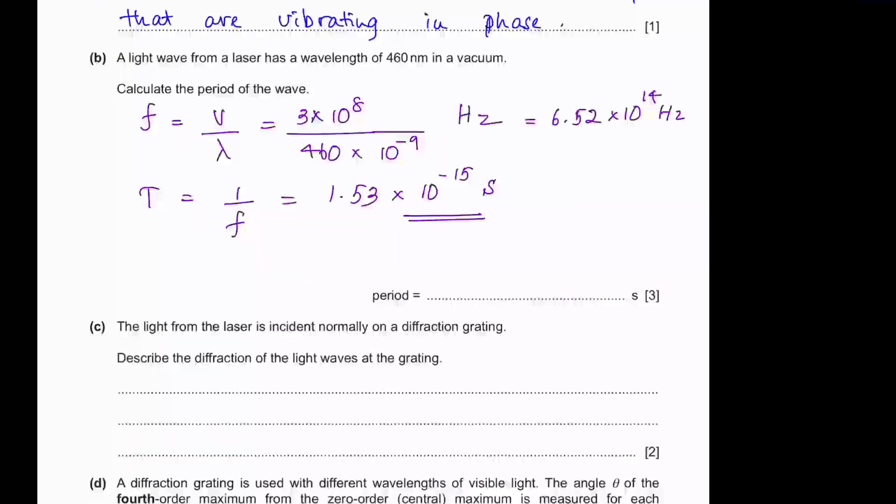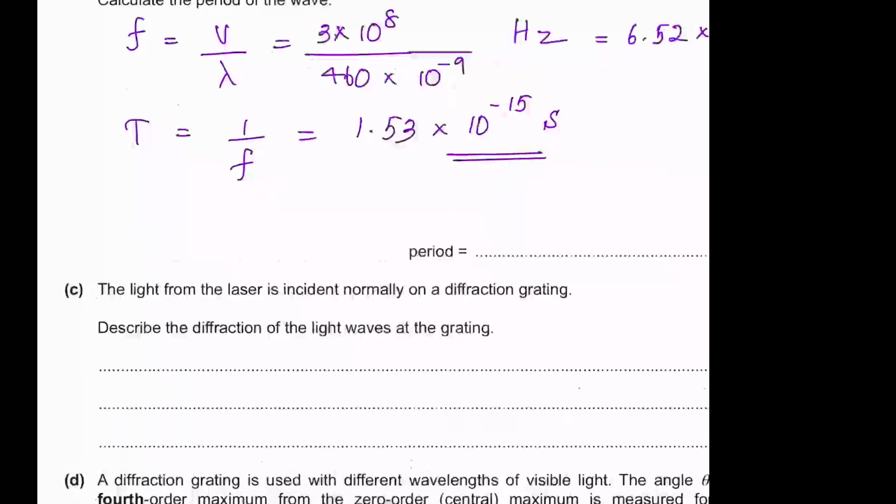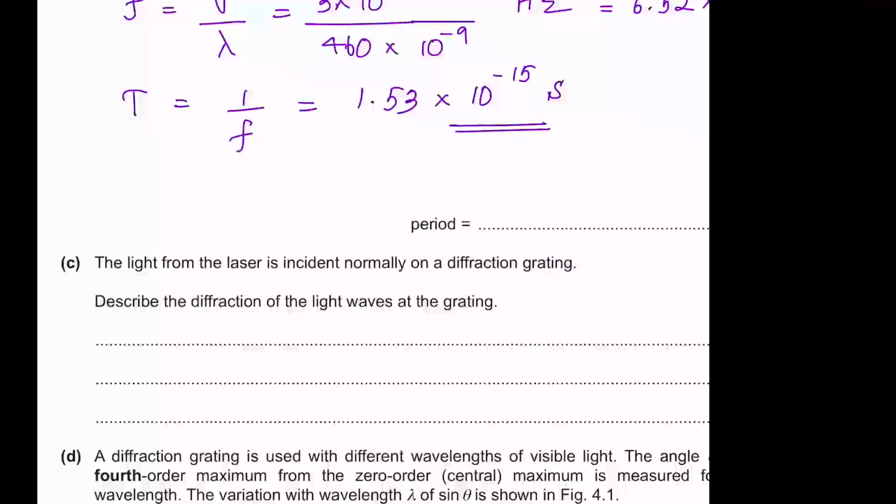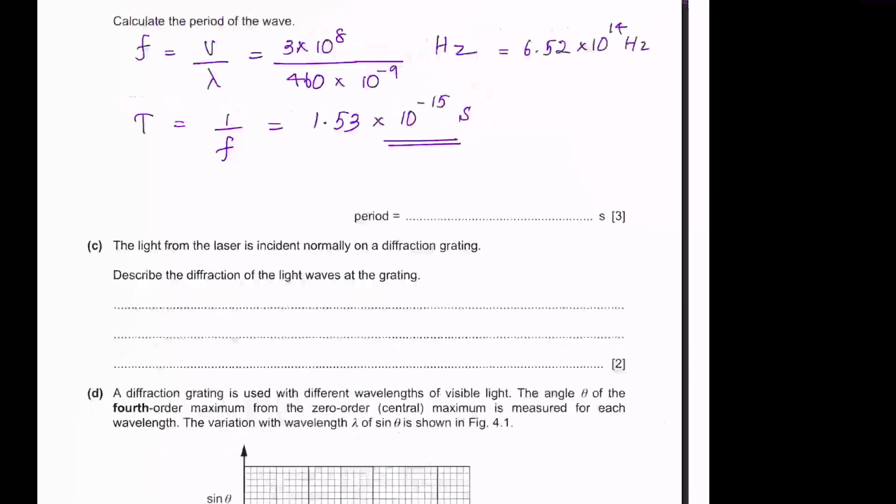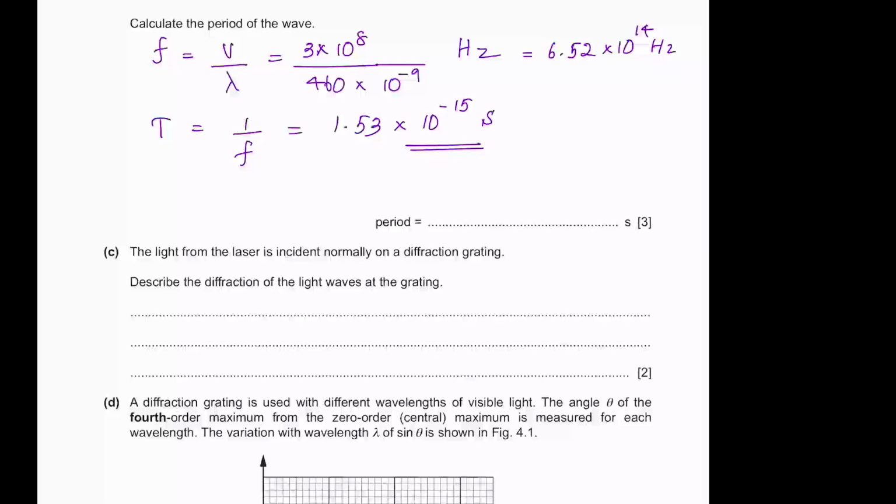The light from the laser is incident normally on a diffraction grating. Describe the diffraction of the light waves at the grating. What is diffraction?